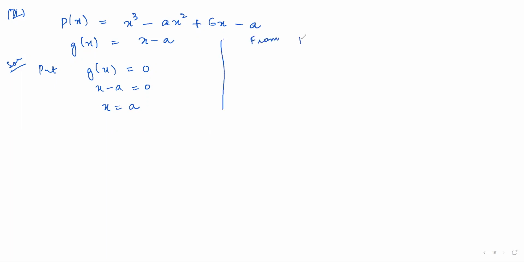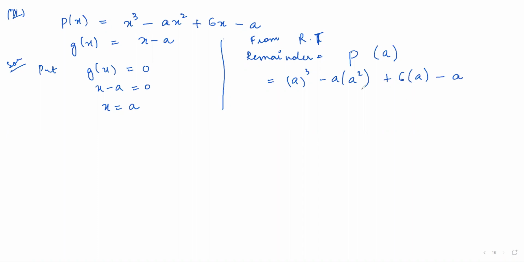from remainder theorem, your remainder is equal to the value of the polynomial at x is equal to a, right? So wherever you have x, put a. So a cube minus a into a square plus 6 into a minus of a, right?